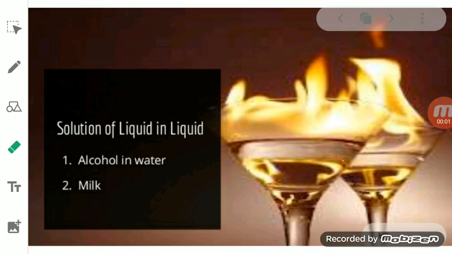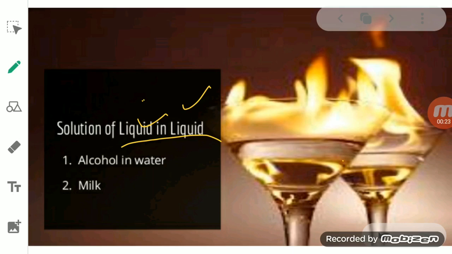So here we will take another case, and in this case we are taking a solution of a liquid in a liquid. What does that mean? Liquid in a liquid means that the solute is a liquid as well as the solvent is also in a liquid state.